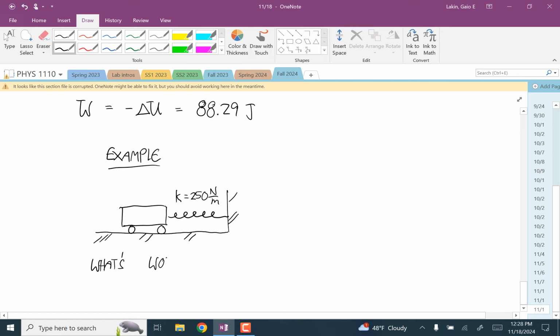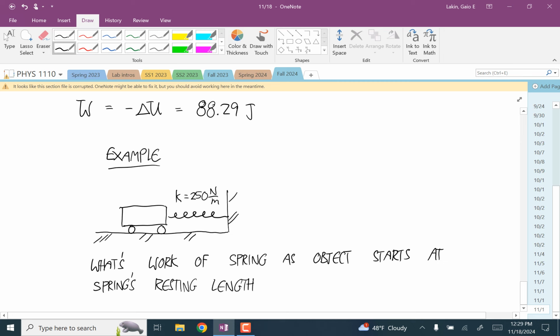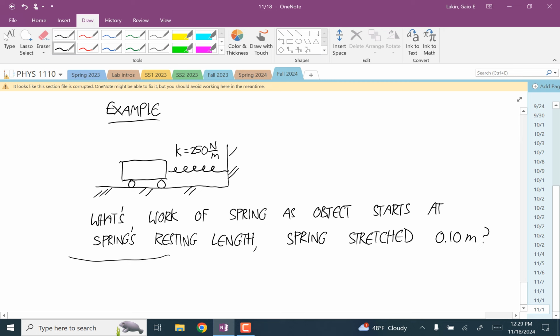What's the work of the spring as an object starts at rest, at the spring's resting length, and then the spring is stretched, let's say 10 centimeters, so 0.10 meters. Okay, so it starts with the spring at its resting length, and then we stretch it.